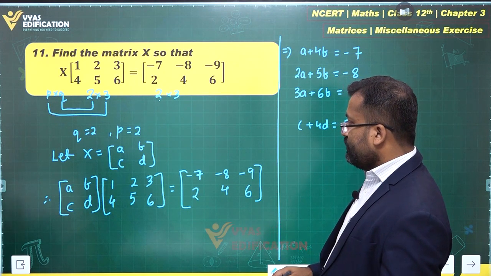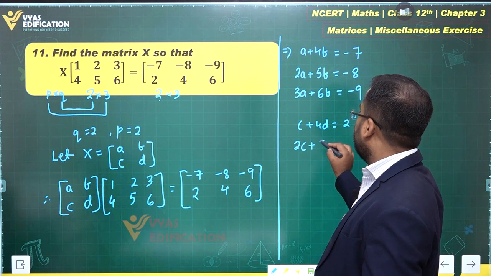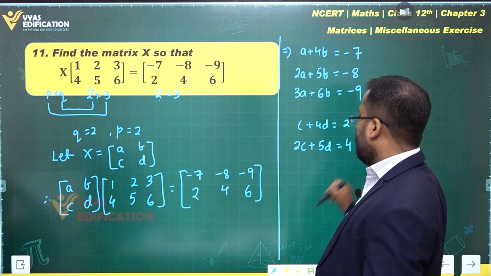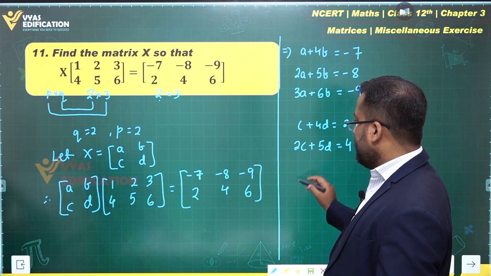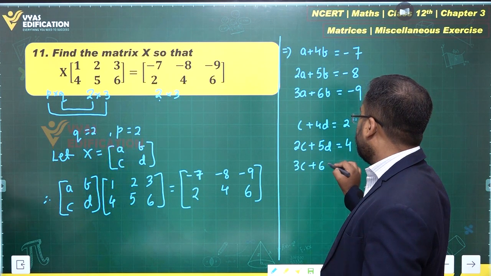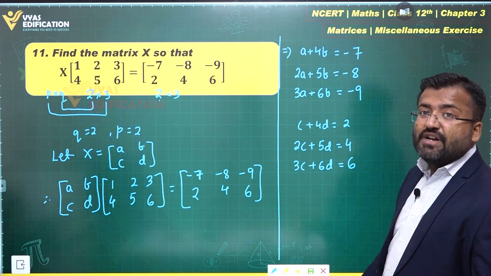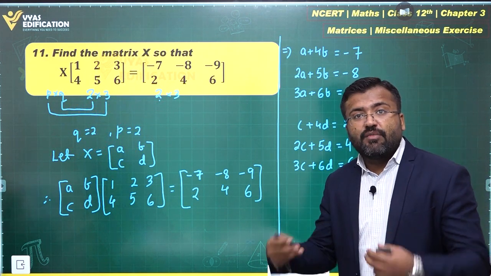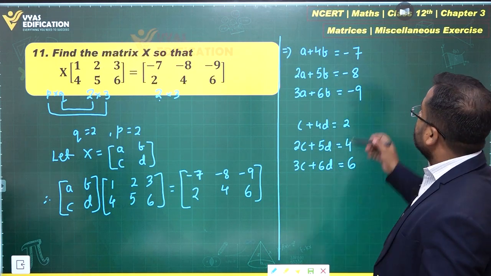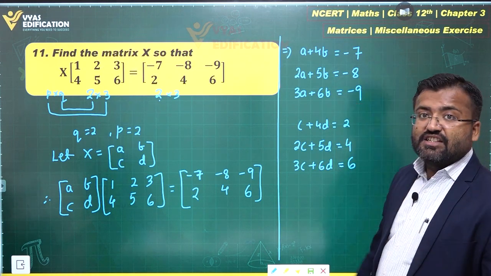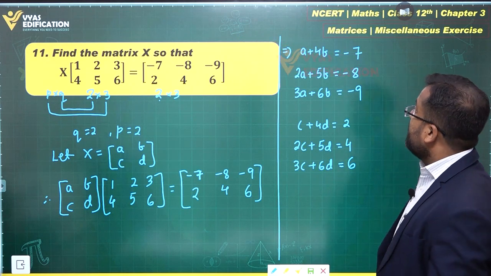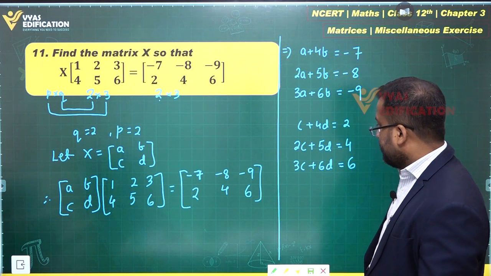And then you have 2C plus 5D, which is 4. And 3C plus 6D, which is 6, right? Okay. The numbers have been given in such a manner that the equations remain consistent. By the way, in general, in such a question, the issue that we may face is of consistency.